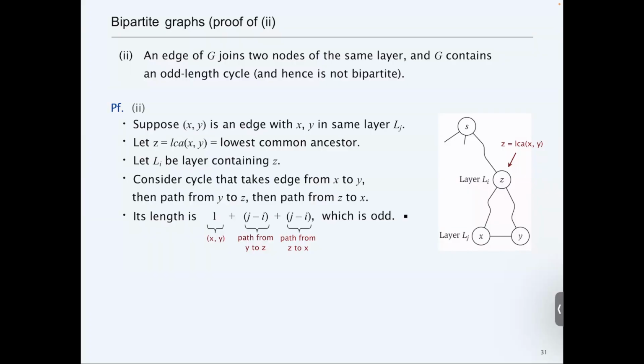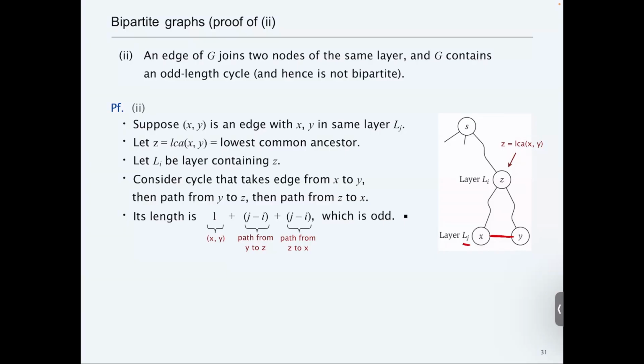Suppose that there exists an edge connecting two nodes x and y in the same layer. So I have two nodes here that are connected by an edge, and they are at some layer Lj. Maybe it's layer 12, I don't know. It doesn't matter what layer it is. Lj. Let's say that z is the lowest common ancestor of x and y in that breadth first search tree.